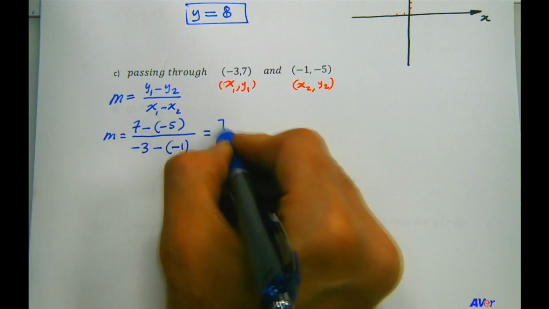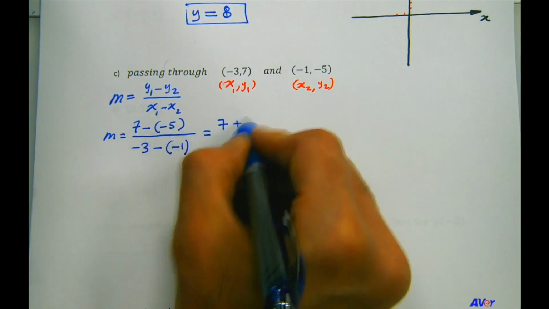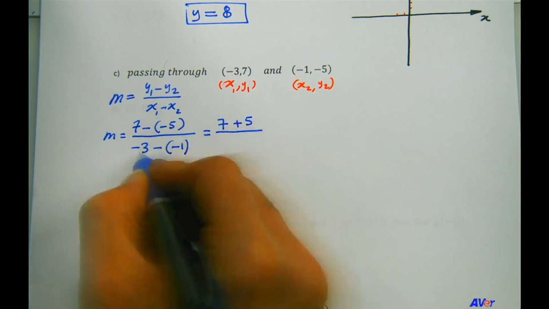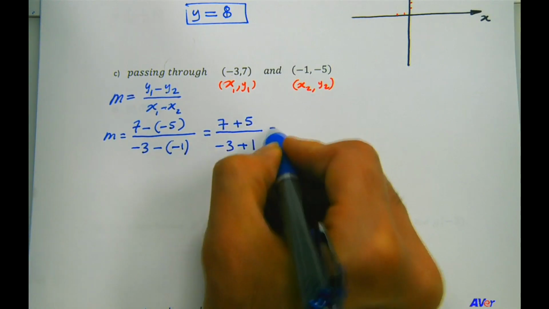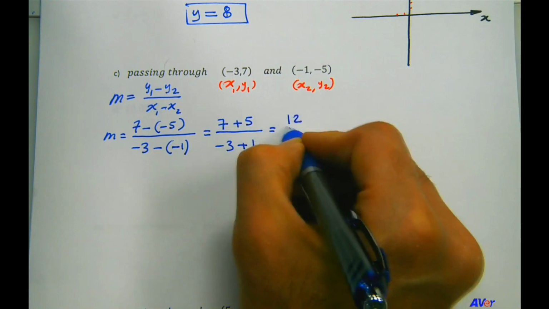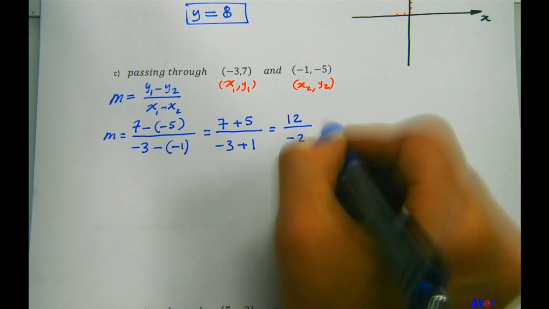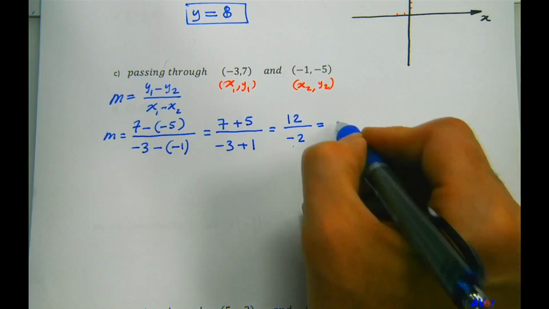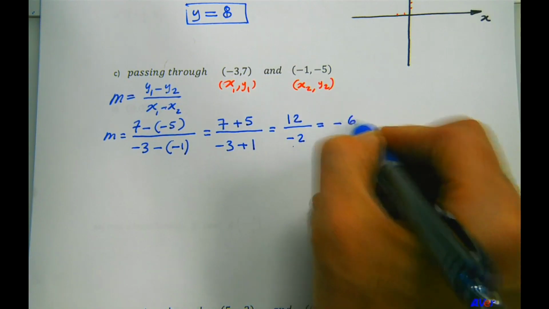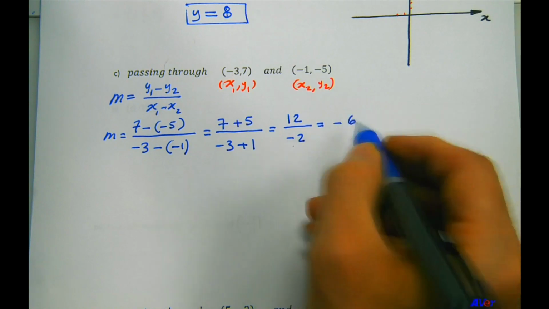So we have 7 minus 5, that's positive 5, minus 3, minus 1, that's positive 1. So we have 12 divided by negative 2 equals, that would be negative 6, right? Negative 6. So that's the slope.